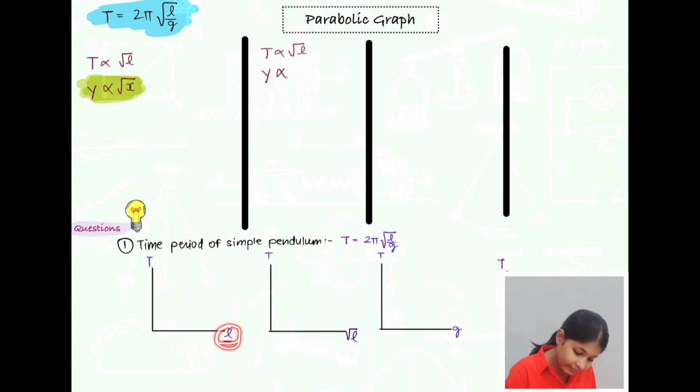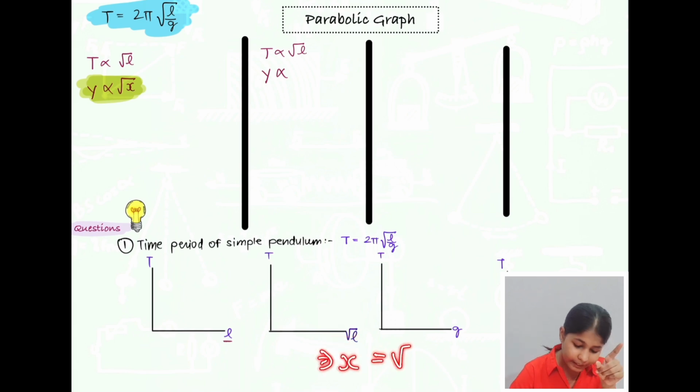Because in the first case, the x component is only considering L, so you have to replace x with only L. But here in our second case, it is taking whole under root L. So can I say that x is equal to under root L? Yes. So I will just write y is directly proportional to x.